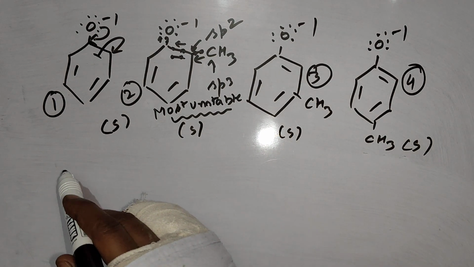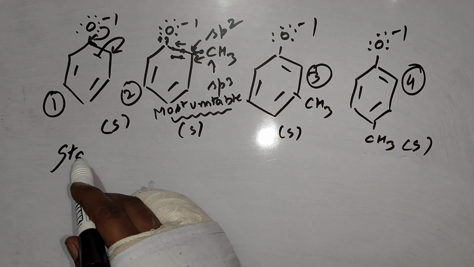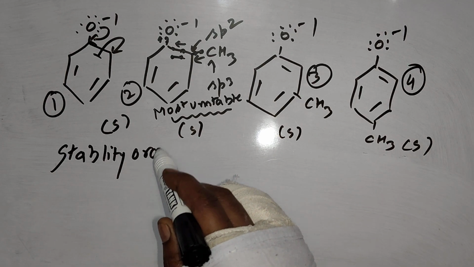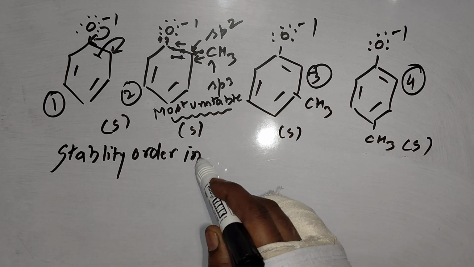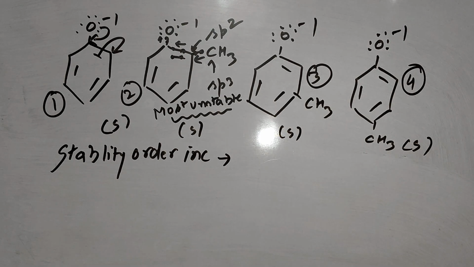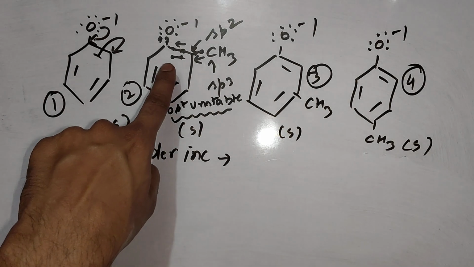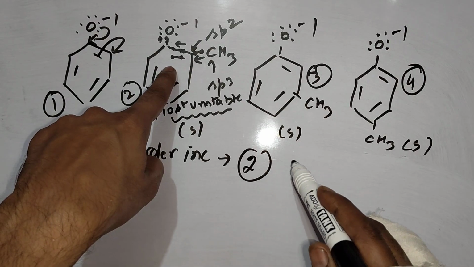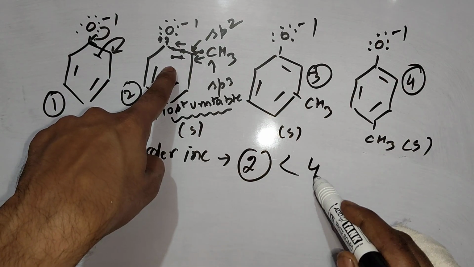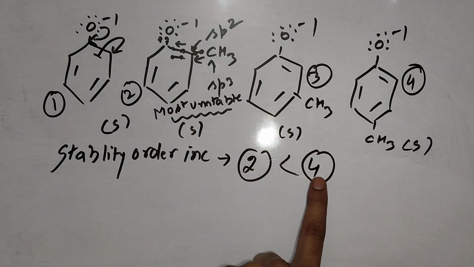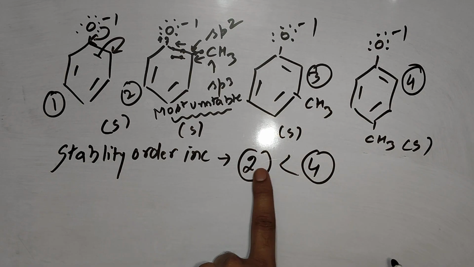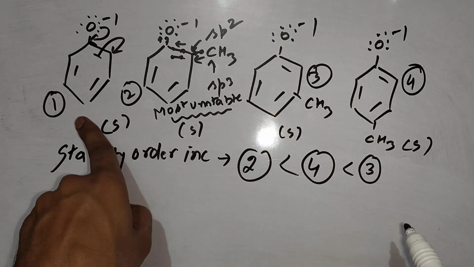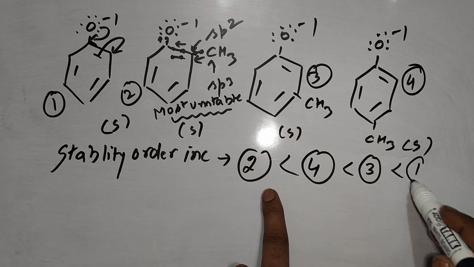So if I write the stability order of anions in increasing order, which is most unstable? Second one, ortho. Then fourth one. Fourth is more stable as compared to second. Third is more stable than fourth, and most stable will be 1.